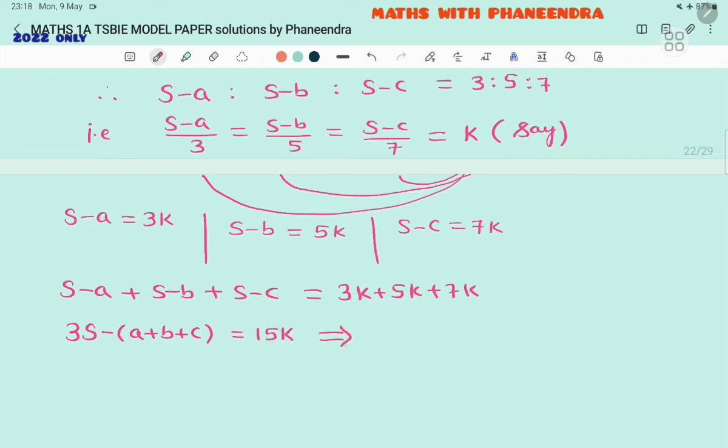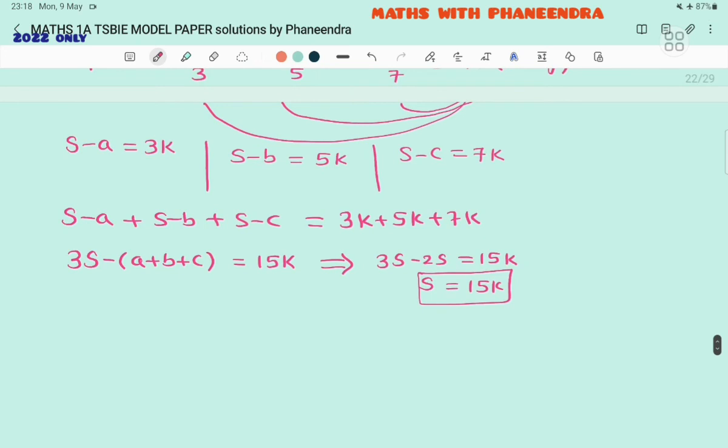That implies 3S minus 2S is equal to 15K. So S is equal to 15K. S value we got it. After the S value, they are asking to show the values of A is to B is to C is 6 is to 5 is to 4. So S value we got it now.